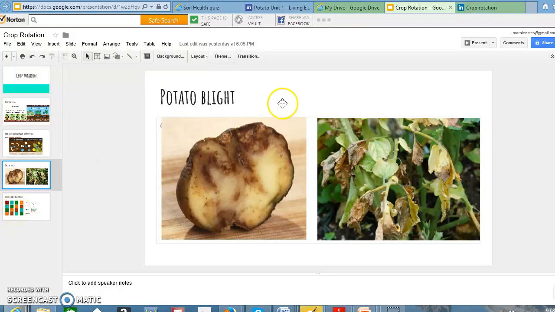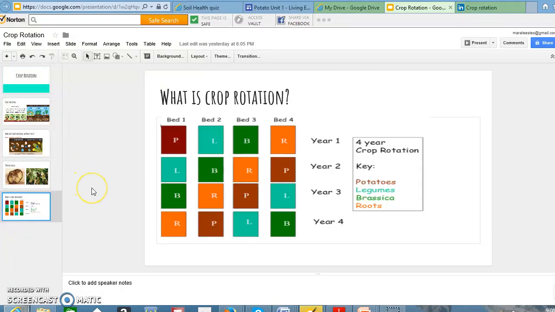And crop rotation can prevent this from happening. And again, one final image that shows how each year a different vegetable in different families is planted in the same place. So this is actually somewhat of the format that we will follow for our garden beds.